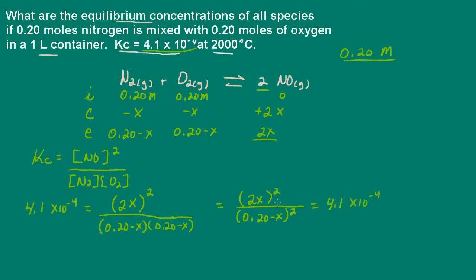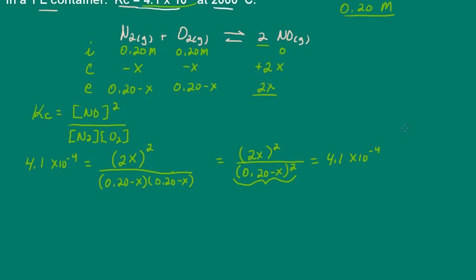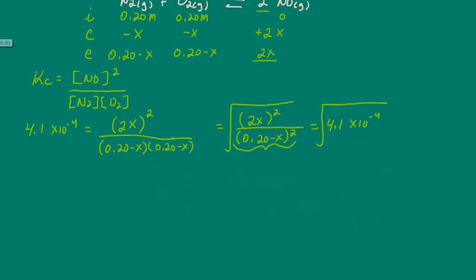Now, I noticed something here. I have a perfect square. This is going to make the calculation very easy, because if I have a perfect square, then I can take the square root of this expression and of course take the square root of the equilibrium constant.